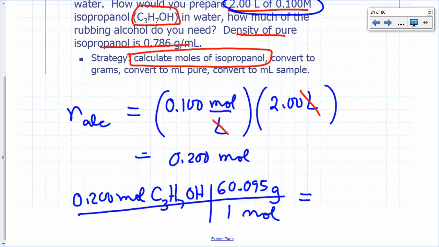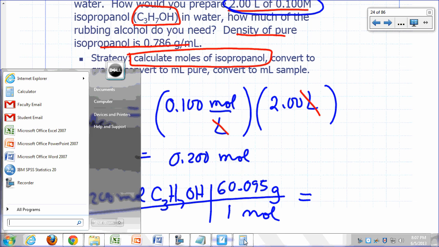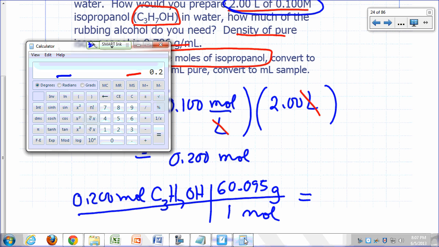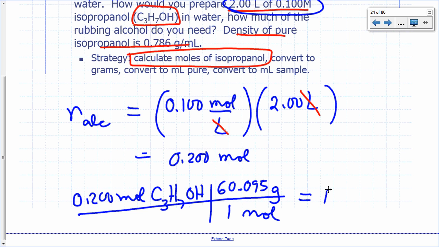So how much is that? 0.2 times 60.095 gives me 12.019. So 12.02 grams, keeping in mind my last sig fig is that 0 right there. Pure isopropanol is a liquid, so it's preferable to measure its volume rather than weigh it.